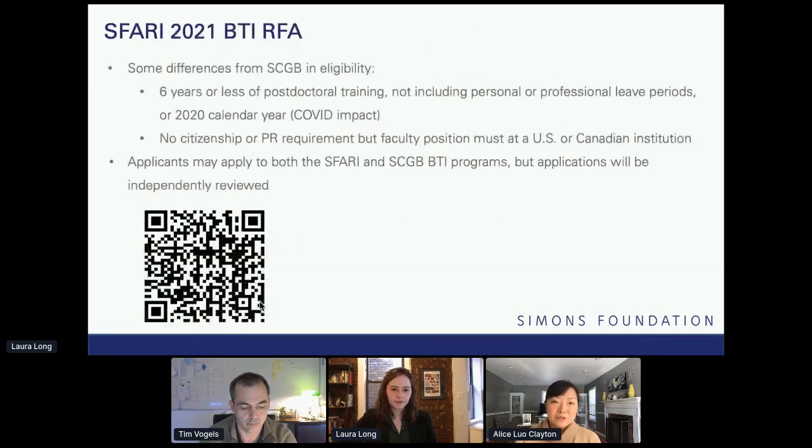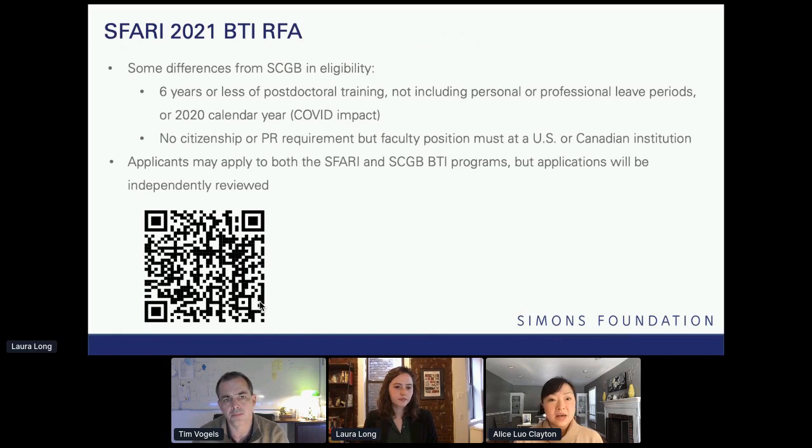So of course, we're here with the 2021 BTI RFA, and thanks to Laura for giving such a great intro to all the ins and outs of how you can apply. Our policies are very similar to SCGB, but I did want to note two major differences in eligibility. One is that we do have a time cap on postdoctoral years.